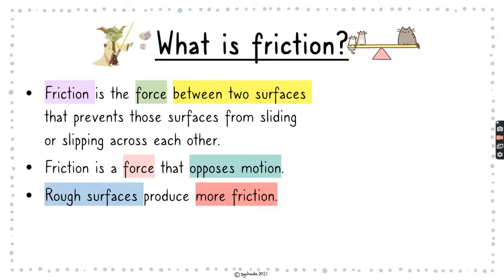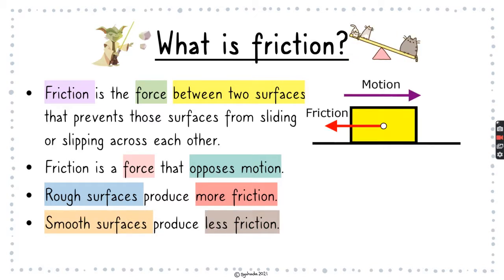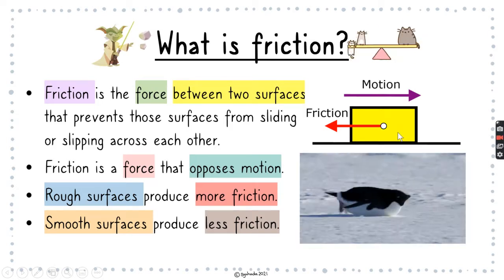So if you have rough surfaces, there is more friction, and smooth surfaces produce less friction. Here is a diagram to show that if this box is moving in that direction, friction is a force that moves in the opposite direction. Friction will increase if the surface is rough, and there will be less friction if the surface is smooth.